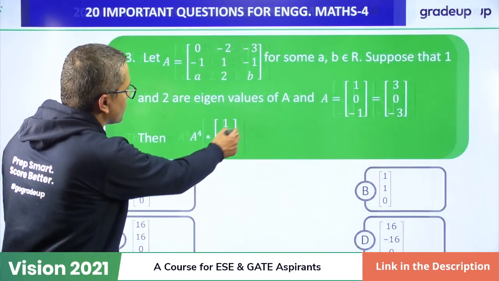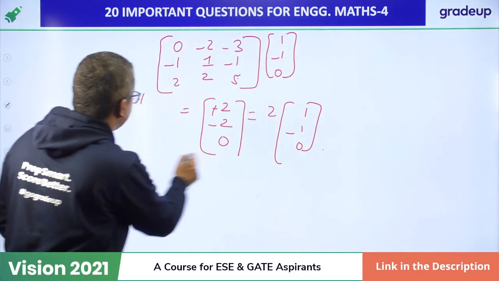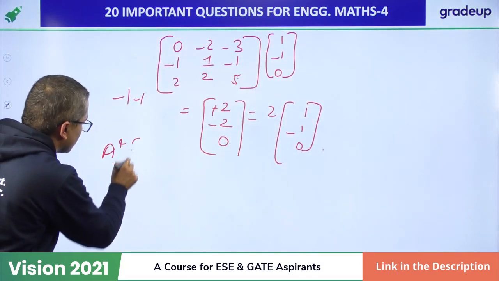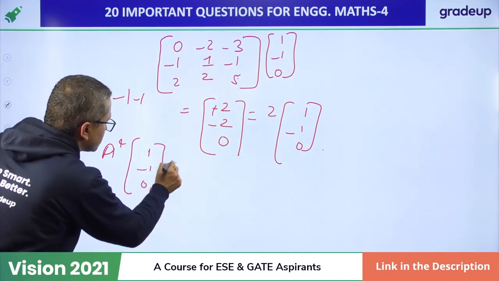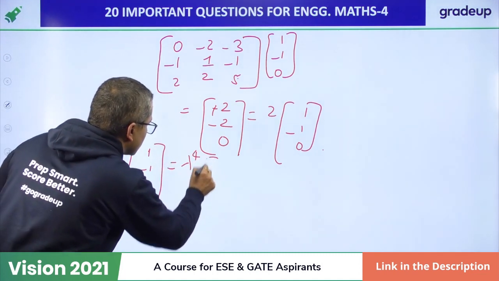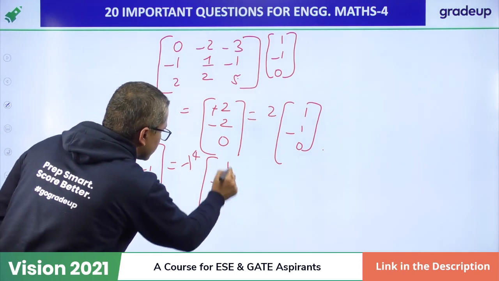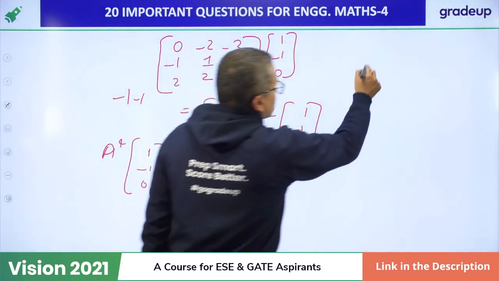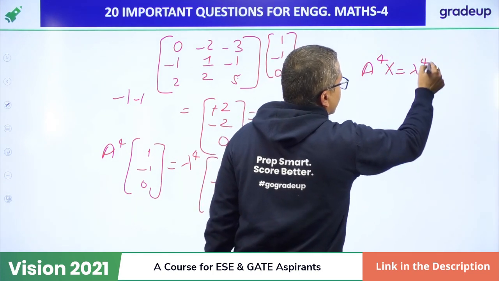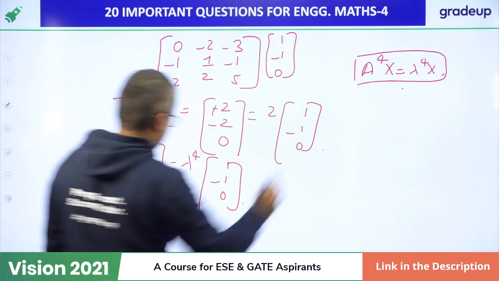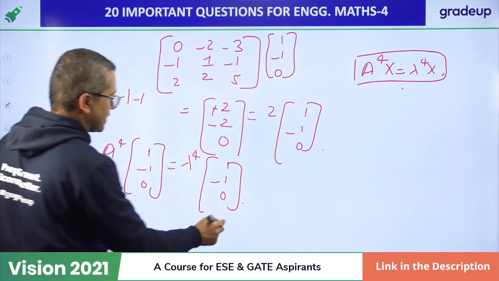So A to the power 4 into this should be lambda to the power 4 into 1, minus 1, 0, right? Is that good? Because A to the power 4 into x equals lambda to the power 4 into x. This is what we know. Now what is lambda?